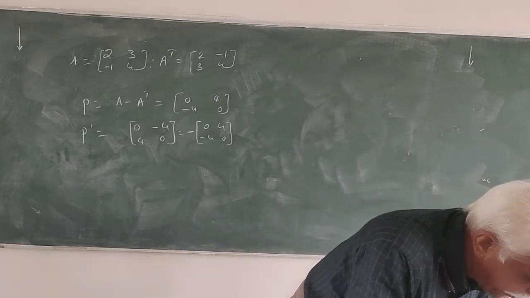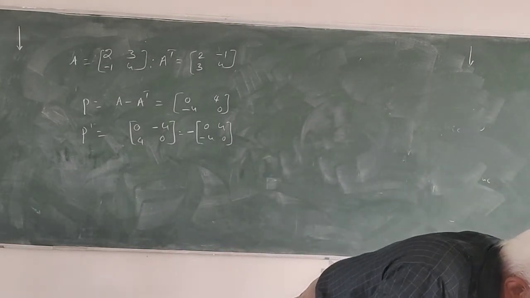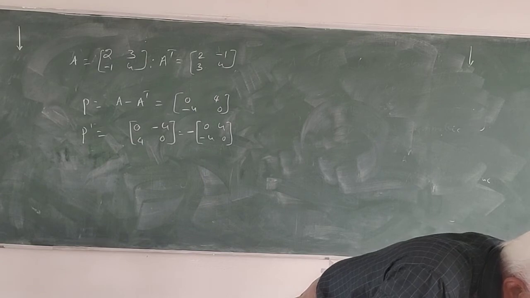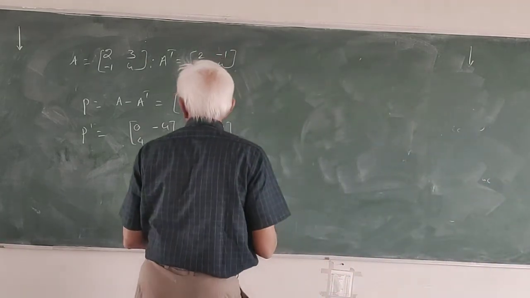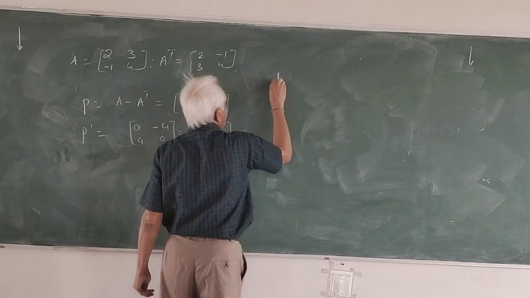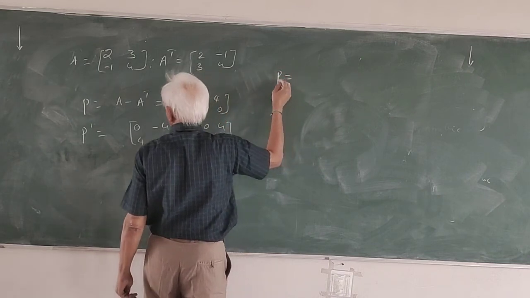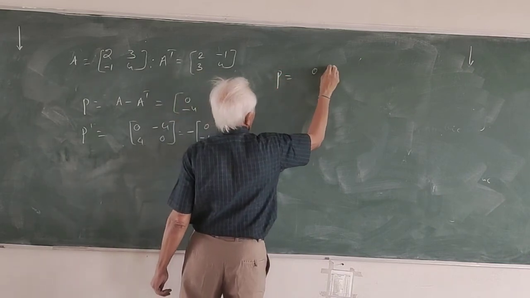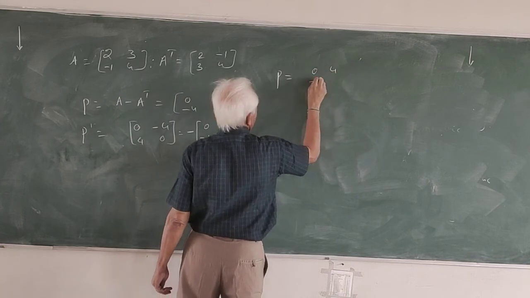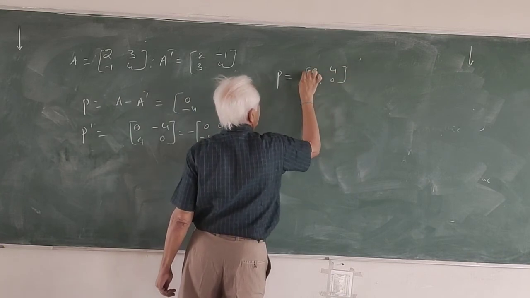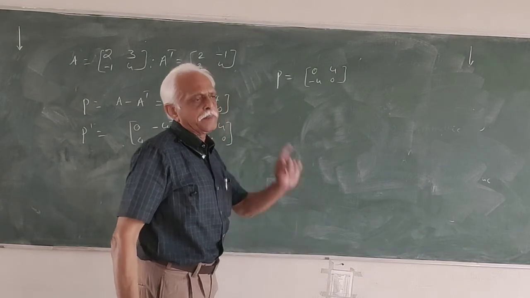See that bit again. Now, P is equal to 0, 4, minus 4, 0, which is a skew symmetric matrix.